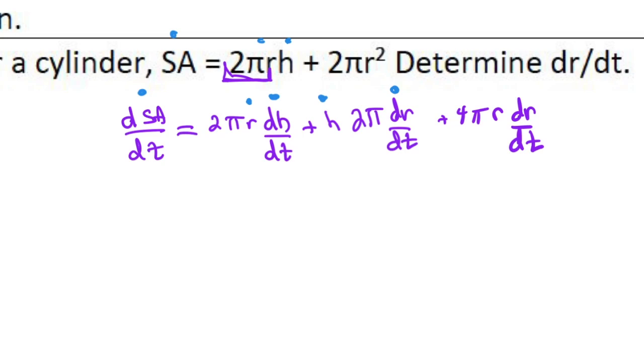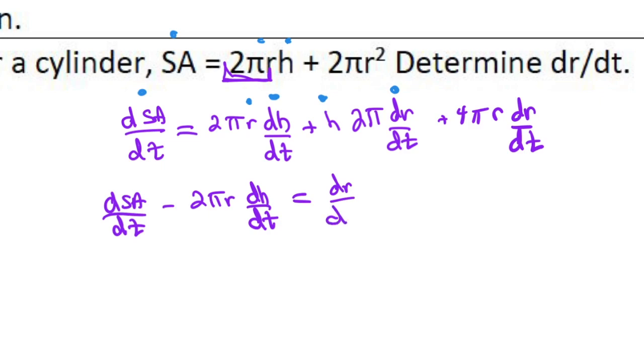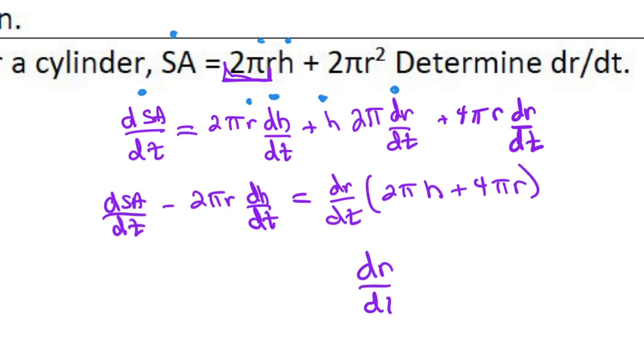We're solving for dr dt, so I'm going to rewrite it as derivative of the surface area with respect to time, minus 2 pi r dh dt is going to be equal to, let's do some factoring. Here's your dr dt. We're left with 2 pi h plus 4 pi r. And now we're ready to divide your dr dt.